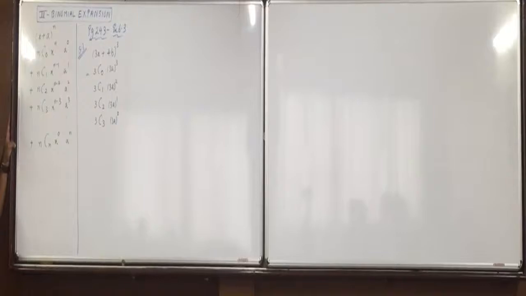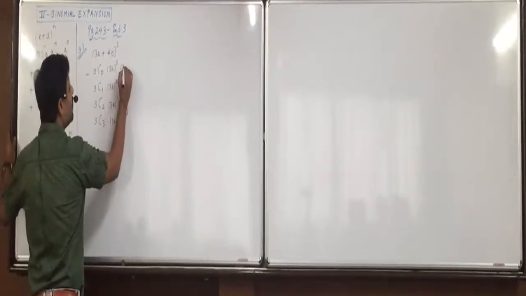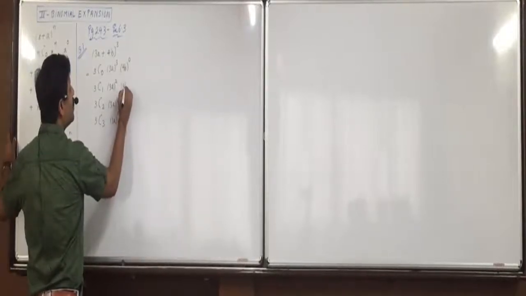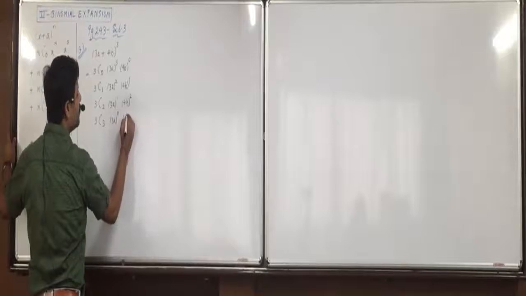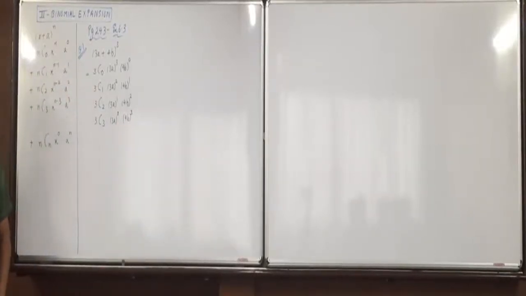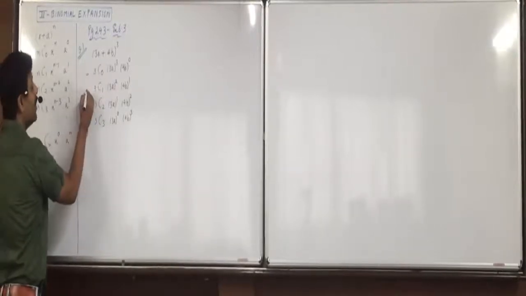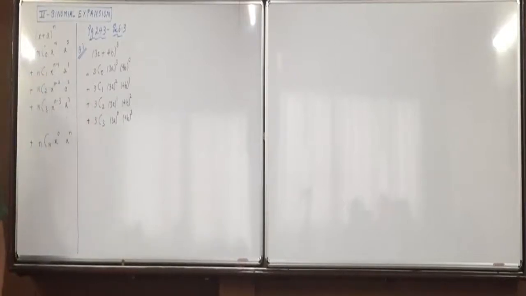All are clear with this? What is the second variable? We'll start with power 0 and keep on increasing. 4b raised to 0, 1, 2, 3. Any doubts with this? What is the sign in between? So everywhere plus. Got it?